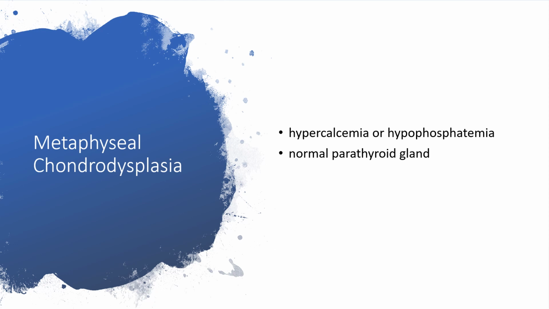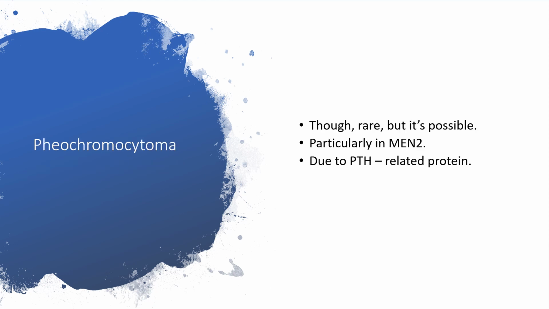Metaphyseal chondrodysplasia: hypercalcemia or hypophosphatemia will be found here, but they will have a normal parathyroid gland. Pheochromocytoma. Though this is very rare, it's possible, particularly in MEN 2, that is multiple endocrine neoplasia 2.